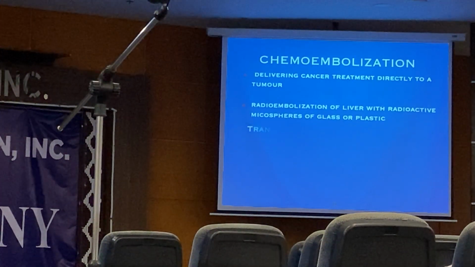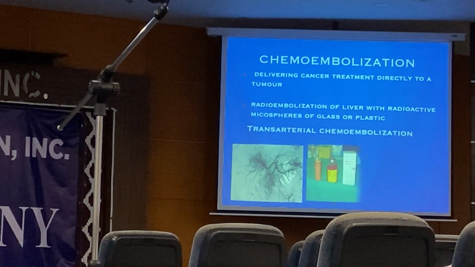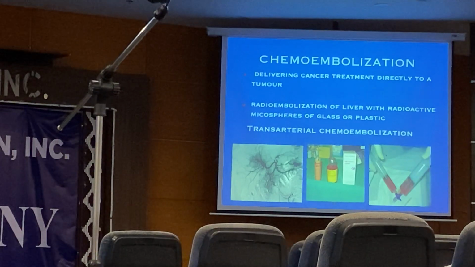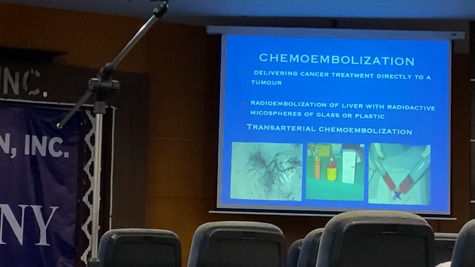Chemoembolization. With chemoembolization, we deliver selective regional treatment, mostly of hepatic tumors. In transarterial chemoembolization, we try to cannulate the feeder of the tumor. We all know the hepatoma is predominantly supplied by the hepatic artery. Even if you occlude the hepatic artery, the liver will still survive because you have a dual supply, right?